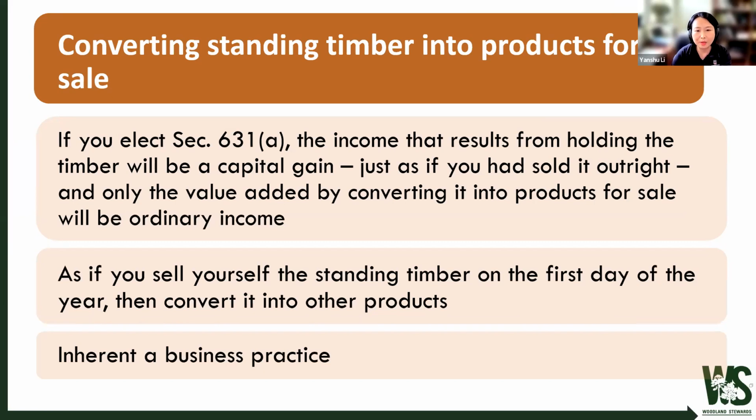And then the second part is the profit from converting the standing timber into cut products and then selling the cut products to the mill. That will be treated as ordinary income and taxed at the higher ordinary income tax rate.